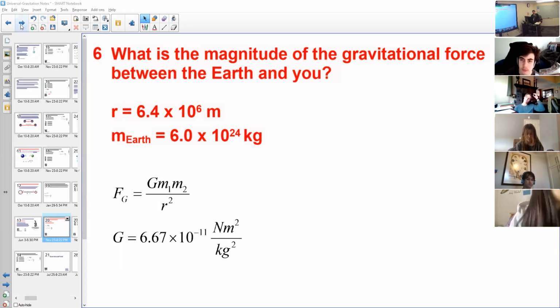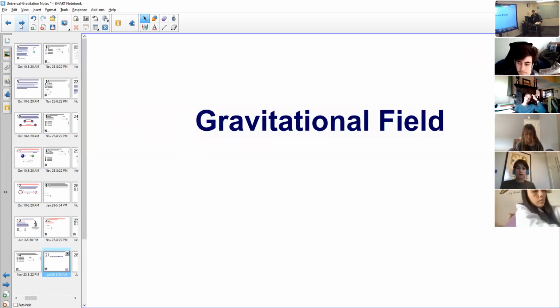All right, the next part that you need to understand about gravitation is called gravitational field. This is something that often comes up in multiple choice questions. In fact, with the previous topic, usually multiple choice questions, very seldom is there a lot on gravitation in the free response.